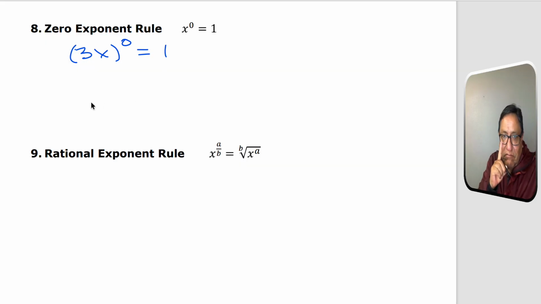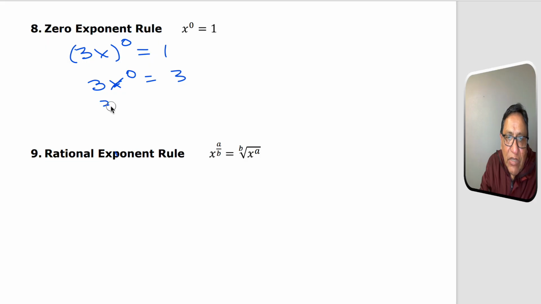But make sure that you identify the difference with 3x to the power 0, which will be equal to 3. And you will ask why? Because this exponent 0 is affecting only x, not 3. So in other words, we have 3 times x to the power 0, which is 1. So 3 times 1 is 3. Correct?